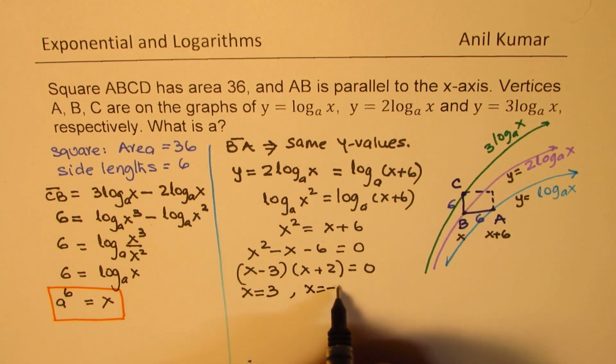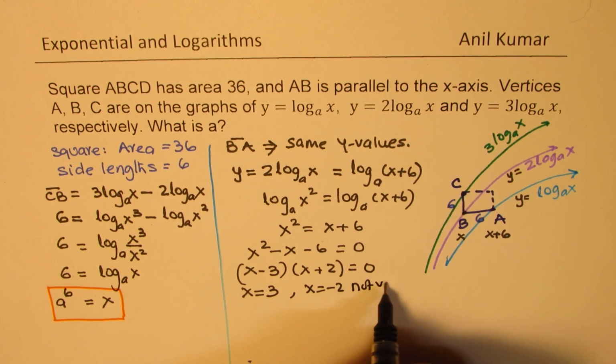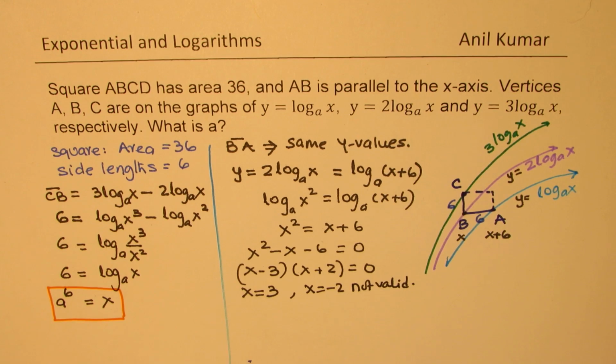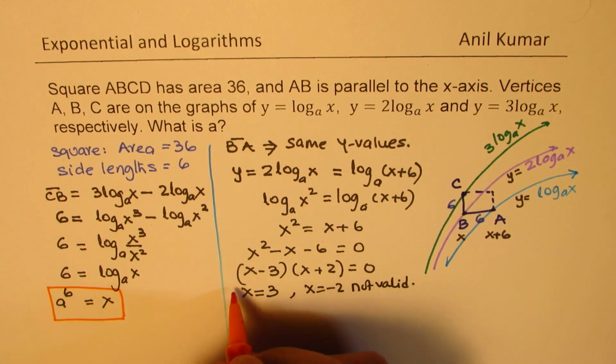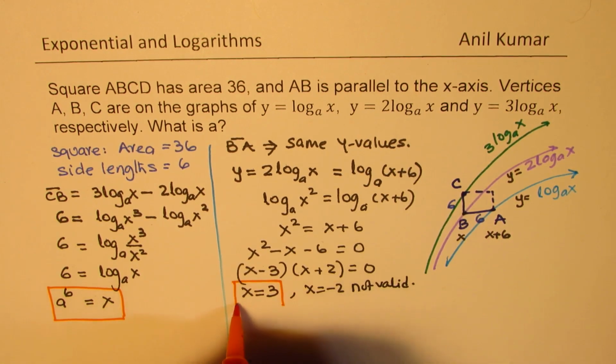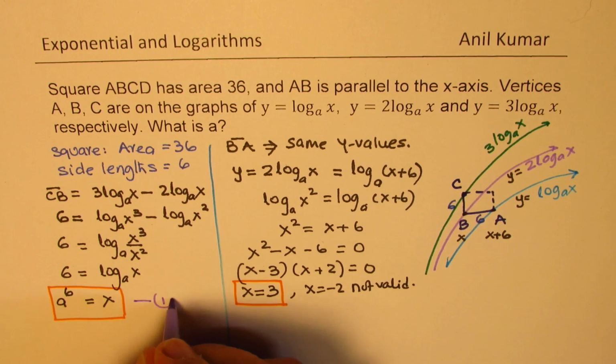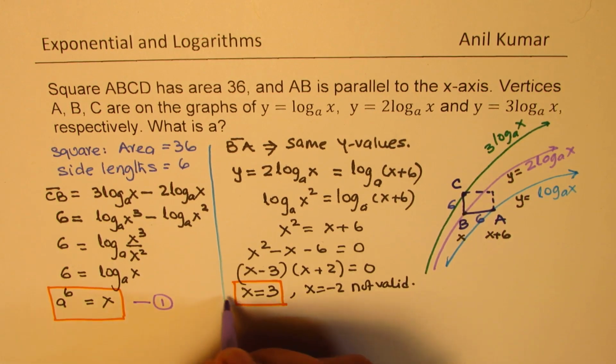So x equals negative 2 is not valid. So we have a value of x which is equal to 3. Now let's call this our first equation and this one our second.